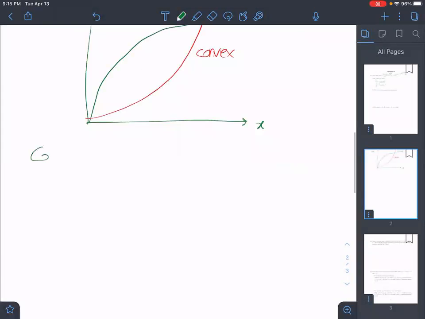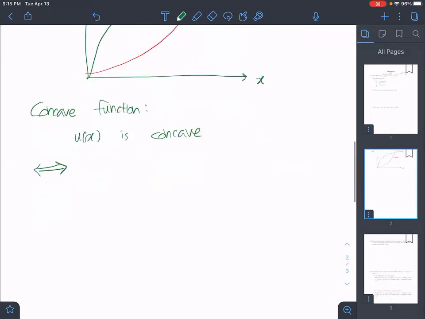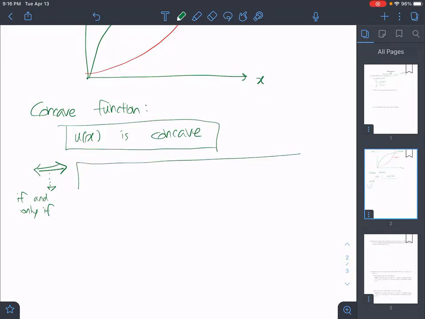So what is concave? U(x) is concave if and only if. When you give the definition, you have something like this, two arrows at both ends. This means if and only if. This statement implies the statement that I'm going to write soon, and the statement on the right-hand side also implies the left-hand side.